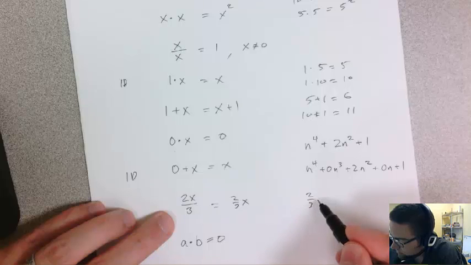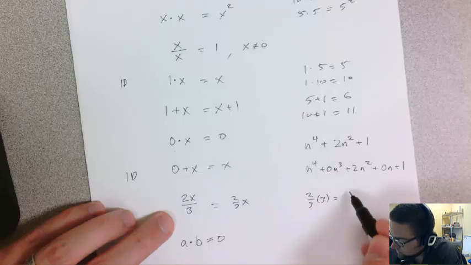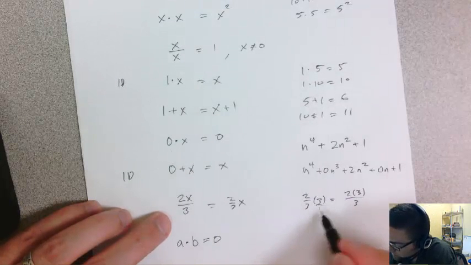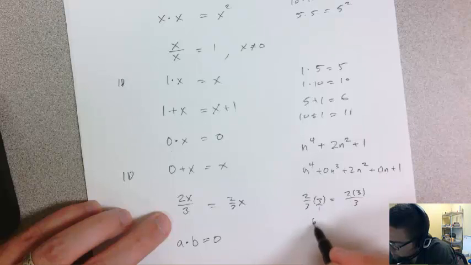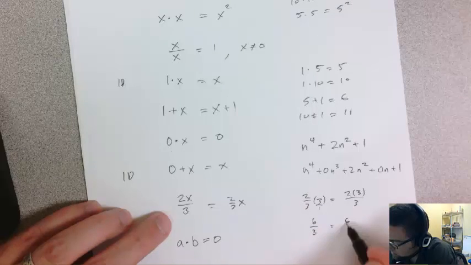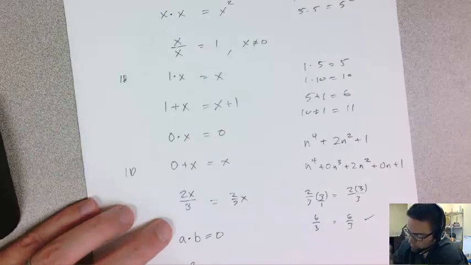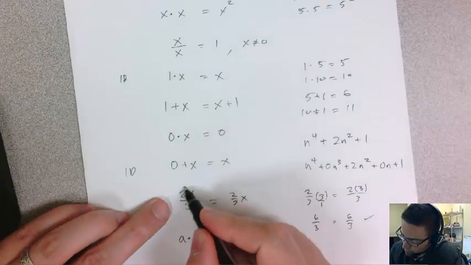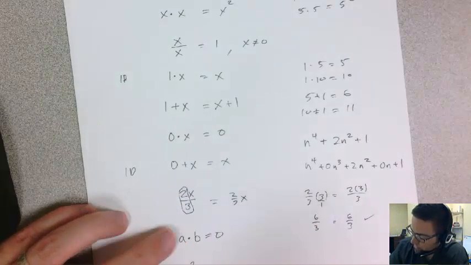So 2/3 times 3, is that the same as 2 times 3 over 3? Right, 2/3 times 3 is 6 over 3. And is that the same as 6 over 3? Right, it checks out. So a lot of times you want to break off this little coefficient and put it out in front.